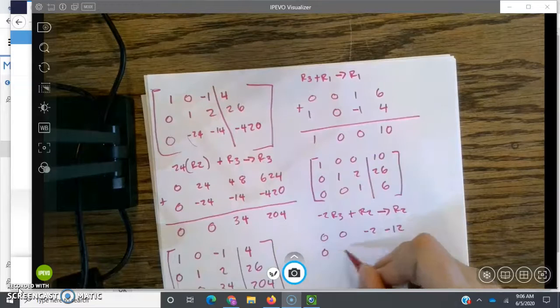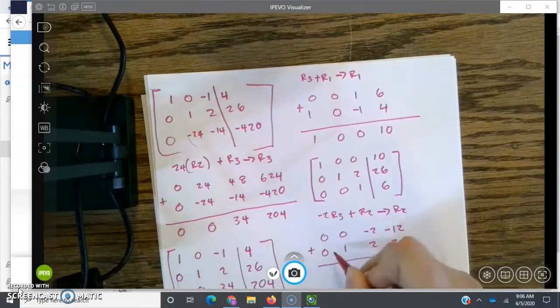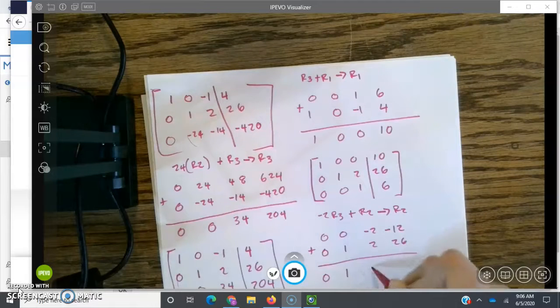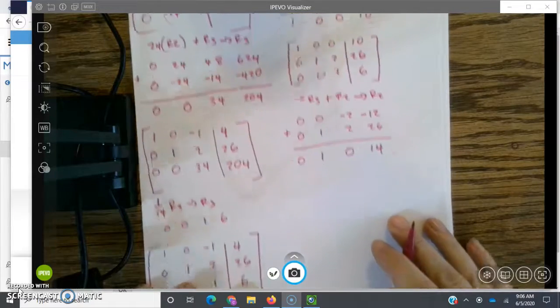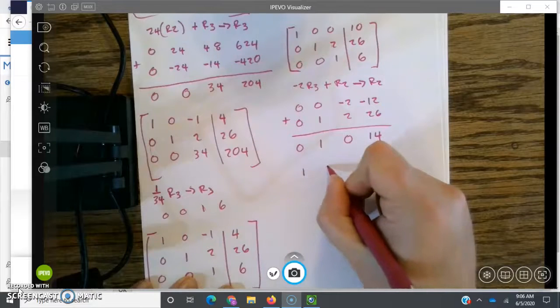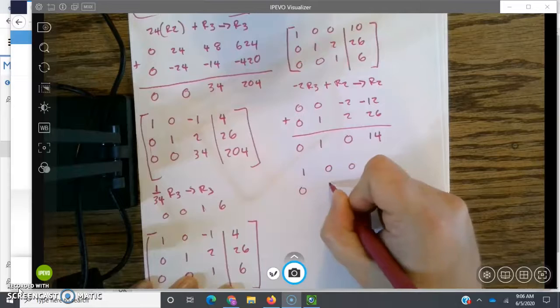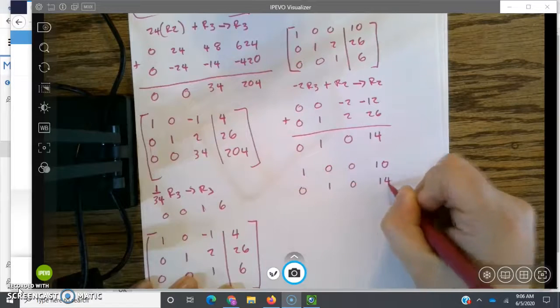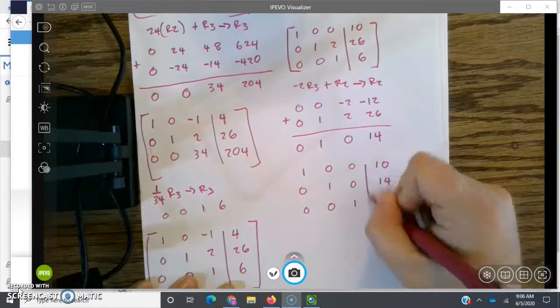Row 2 is 0, 1, 2, 26. If we add those together, 0, 1, 0, 14. So we can put that in our matrix now. 1, 0, 0, 10. 0, 1, 0, 14. 0, 0, 1, 6.